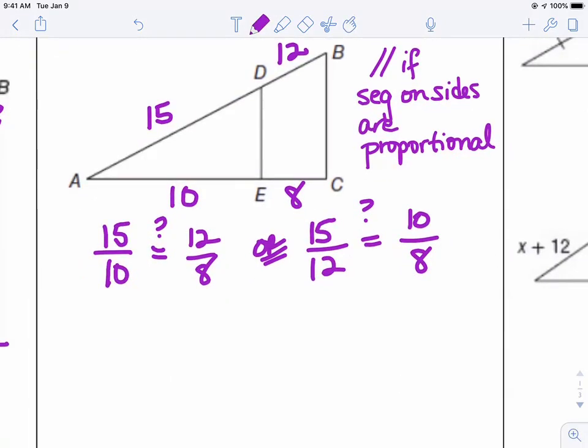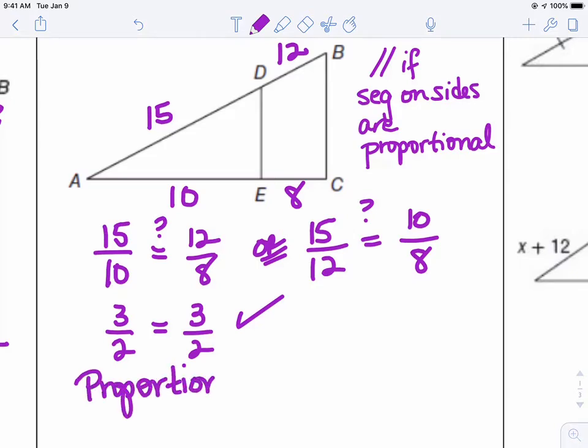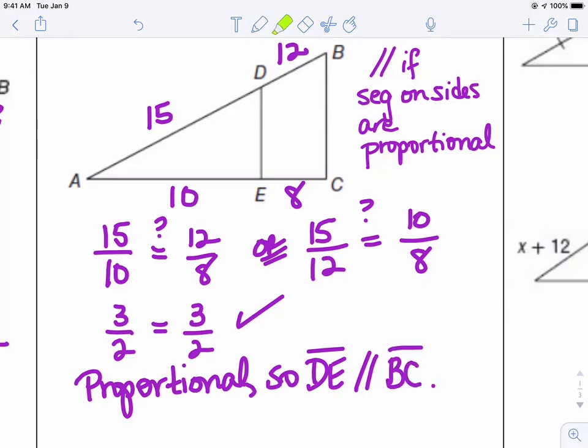So I'm just going to simplify the left side. Divided by 5 would make it 3 to 2. On the right side, if you divided by 4, it'd be 3 to 2, and that checks. So since those are proportional, that makes DE parallel to BC. So your answer on this one is yes.